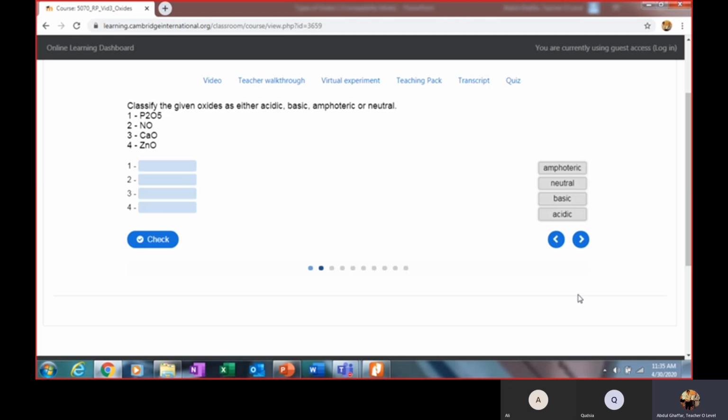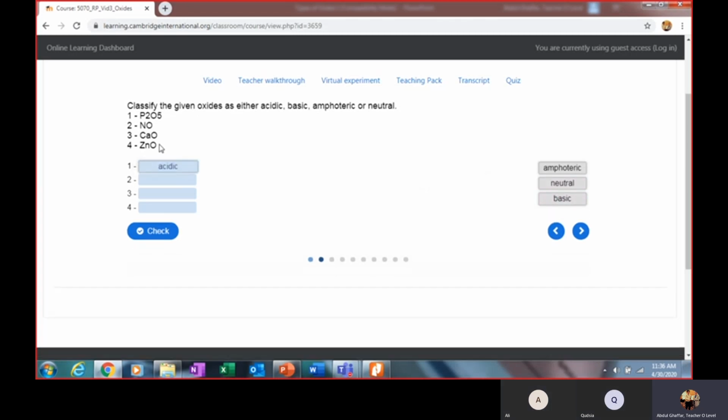Classify the given oxides as either acidic, basic, amphoteric, or neutral. Number one, phosphorus oxide is acidic. And what about nitrogen oxide?